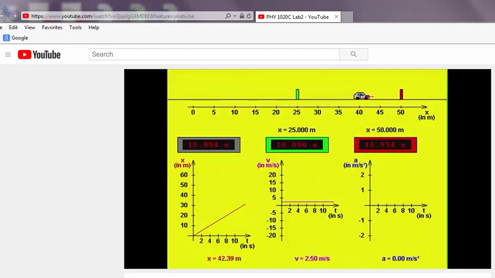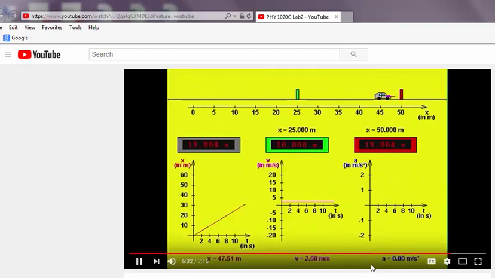Take your measurements now. Reset it. The last trial. All right, you have nine sets of measurements.